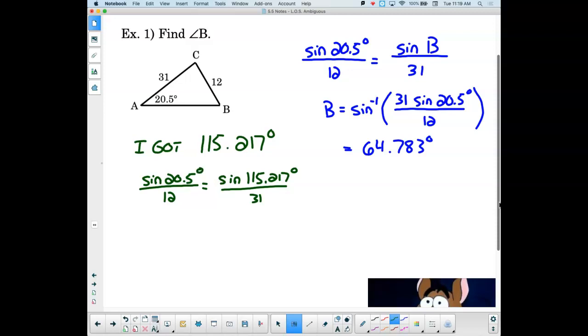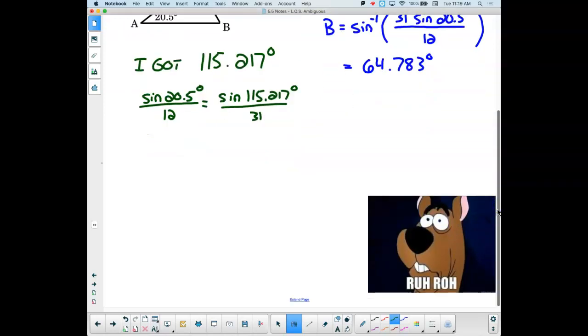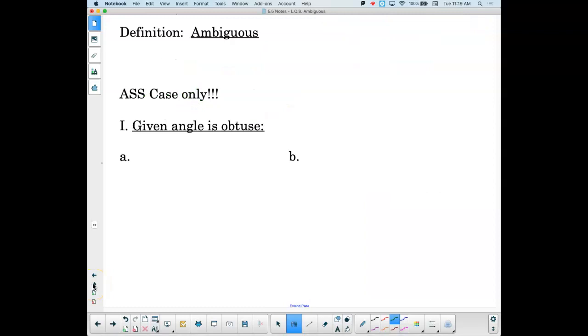Ruh-roh! Wait. That's why it's not possible. We got ourselves something called the ambiguous case. Okay?